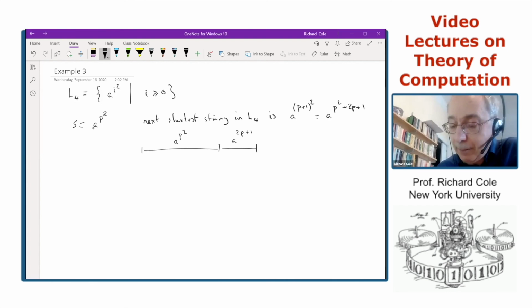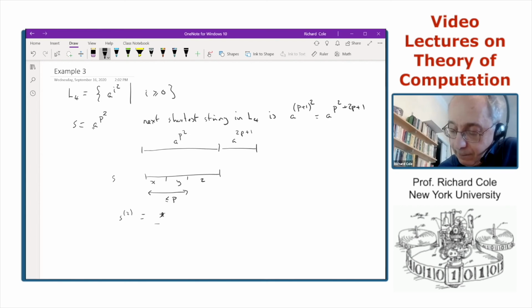But now let me think about pumping S. So what happens, here is S. We have 3 bits, X, Y, Z. And what we know is X Y is of length at most P, and Y is of length at least 1. And so let's look at S2. This is X, Y, Y, Z.